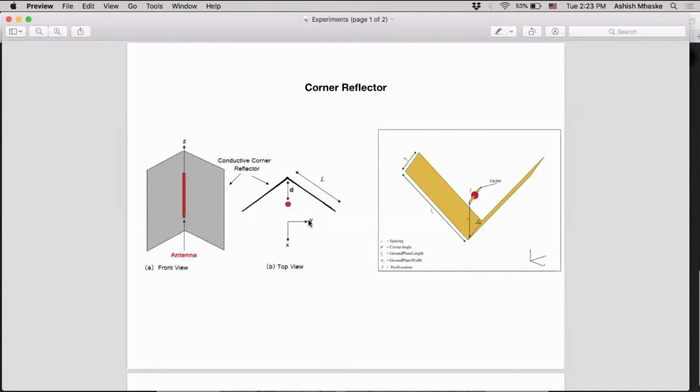So, which means that after putting this corner reflector, you should go around in angle, keeping the distance the same, and measure the power, and you might end up measuring the directionality response of this arrangement in the process.